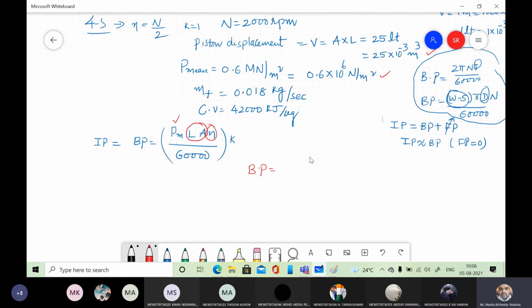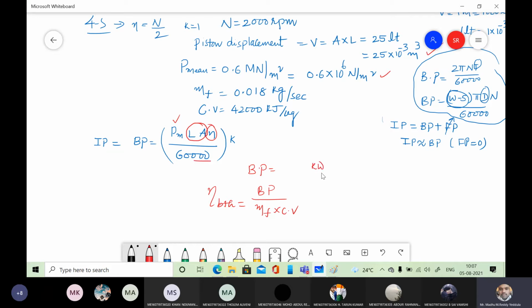Right. Once you know brake power, what is the next part asking? Brake thermal efficiency. Brake thermal efficiency is equal to power developed per fuel consumption, that is, brake power by heat supplied. What is the total heat supplied? Mass of fuel multiplied by its calorific value. Here you should balance the units. Let us assume you get brake power in kilowatt, because it is 60,000.